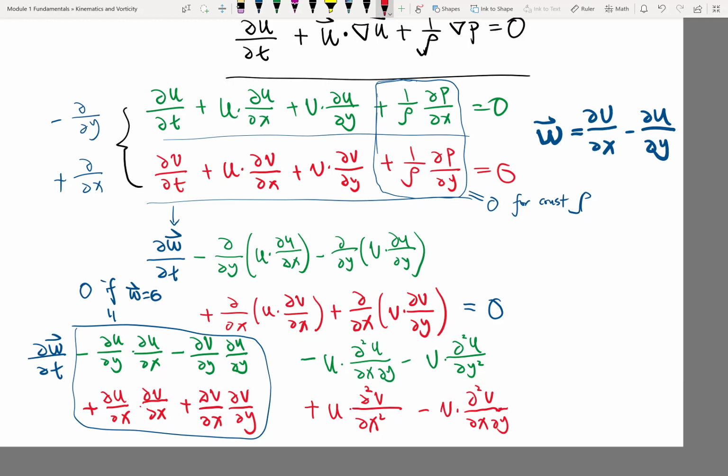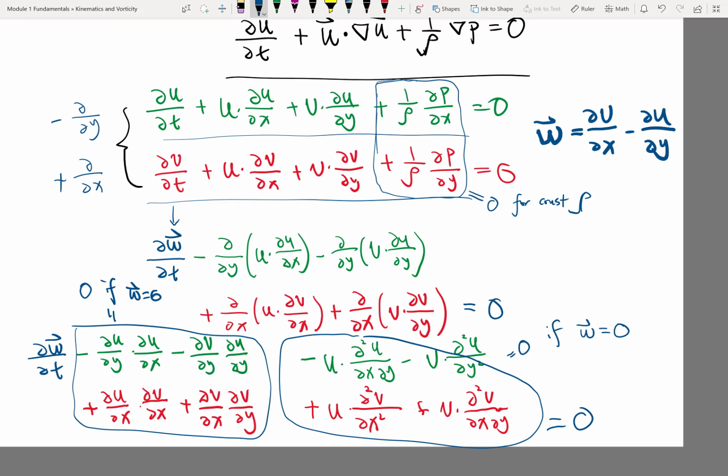We get v times the d/dy of parentheses dv/dx minus du/dy. So again, vorticity. This basically tells us this entire term is also equal to 0 if vorticity is equal to 0 to start with. And of course, the whole thing is equal to 0. That means the partial derivative of vorticity with respect to time is also equal to 0 if you have no vorticity to start with.